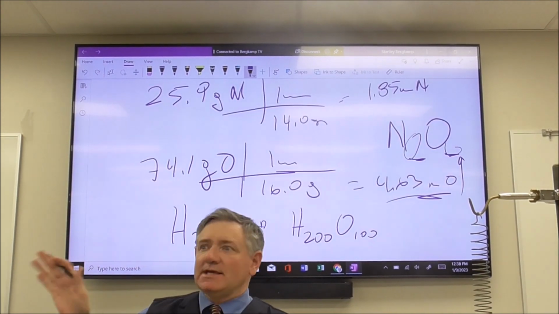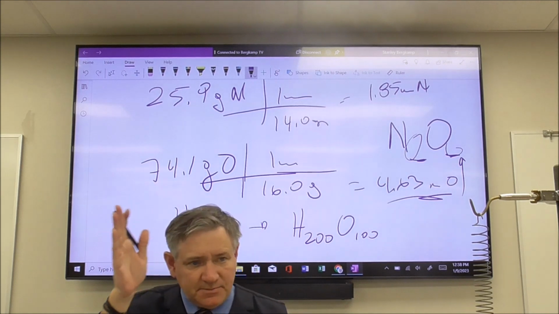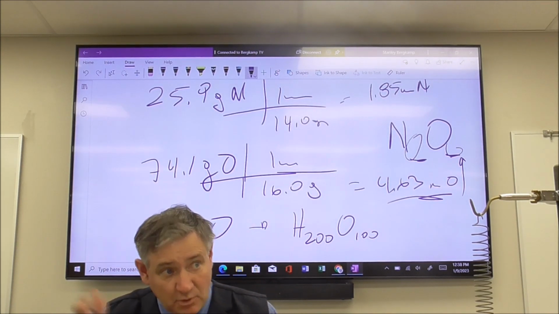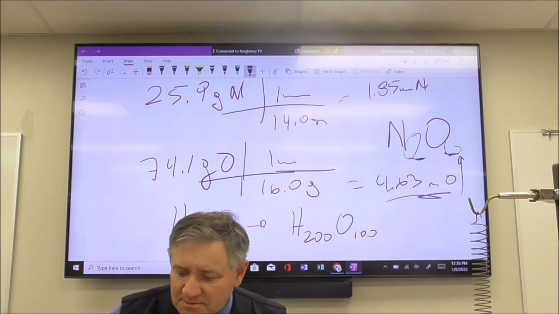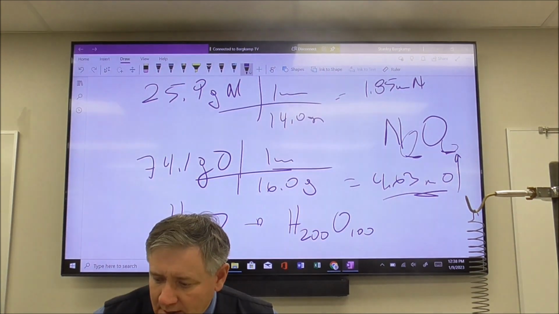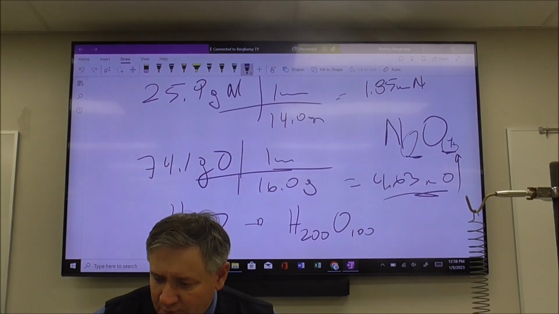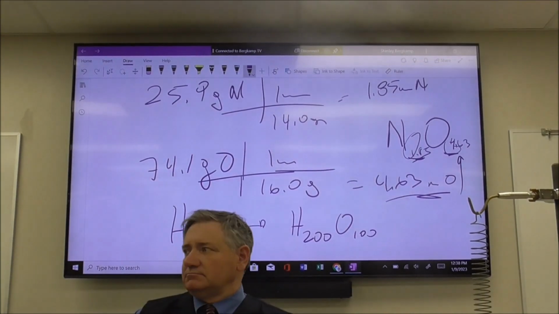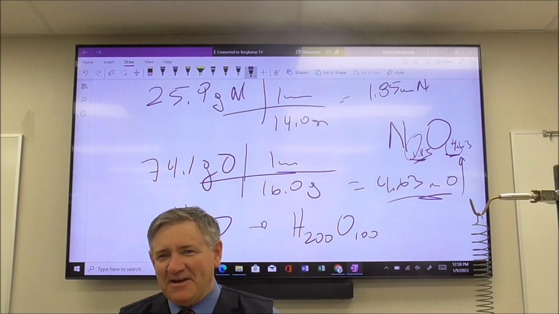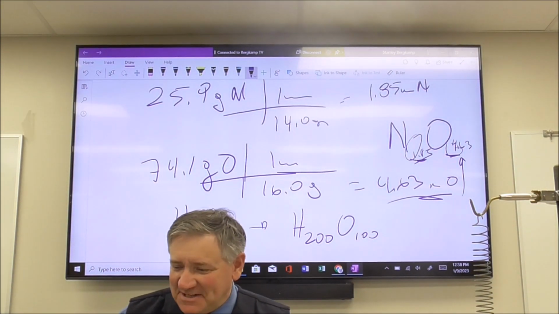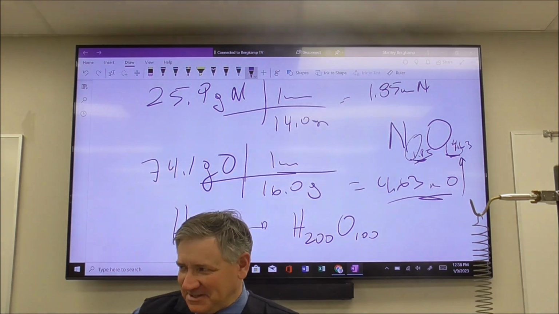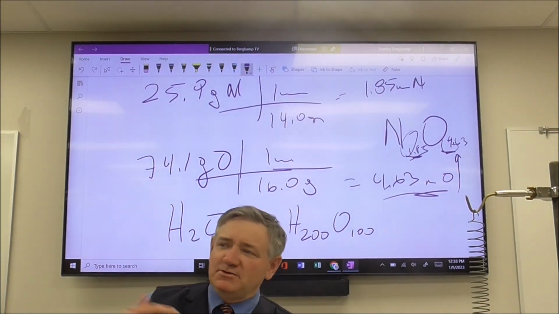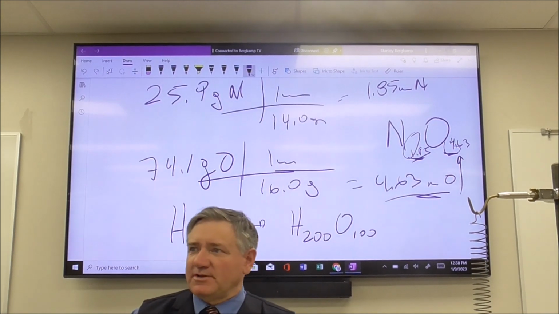So I know when I get done, the subscript on my oxygen has to be bigger than the subscript on my nitrogen, because I have more moles of that. Now, here's the problem. I could put 4.63 to 1.85, but I can't have 1.85 nitrogen atoms and 4.63 oxygens. It has to be whole numbers. So at this point, what can I do to get rid of those annoying decimals?